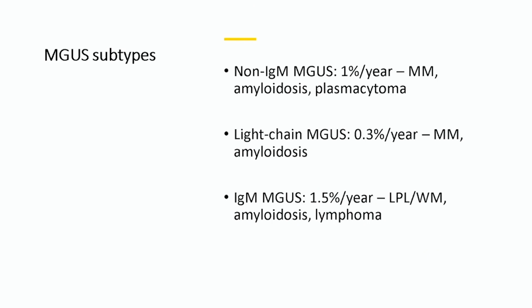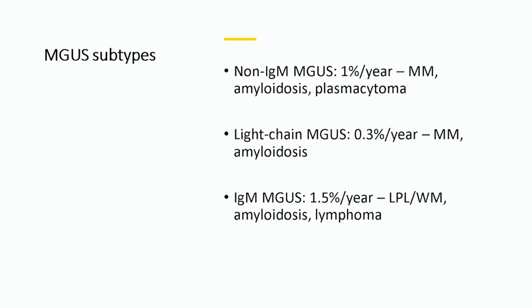So MGUS is also subtyped based on the Ig subtype. Non-IgM MGUS is the most common one, and the risk of progression is usually 1% per year across different studies from different places on the globe. The risk is of progression into multiple myeloma, amyloidosis, and plasmacytoma.